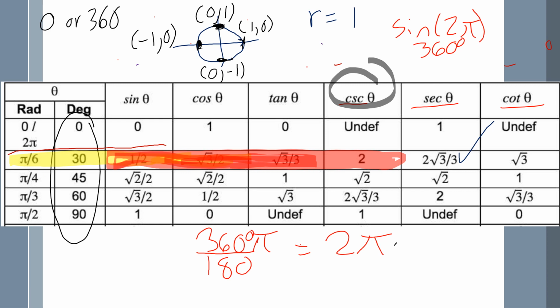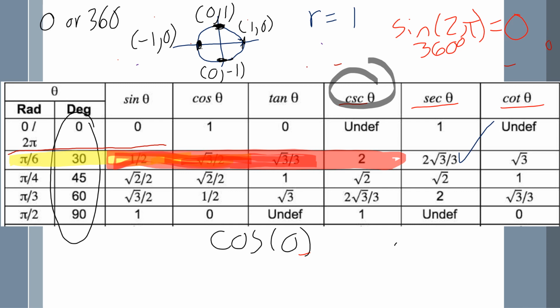If sine is 360, 2 pi, which is 360, what's the value of that? The value of that is going to be 0. If I ask you for cosine of 0, it's going to be 1.